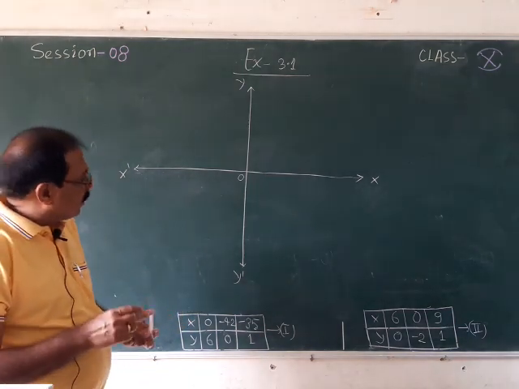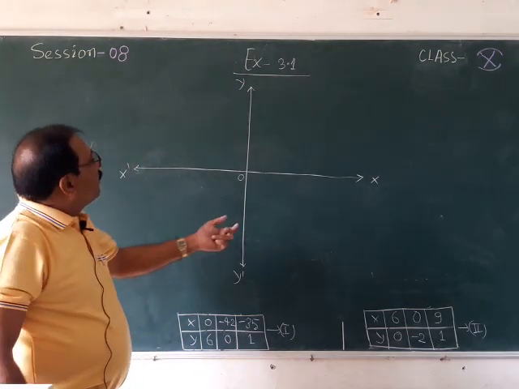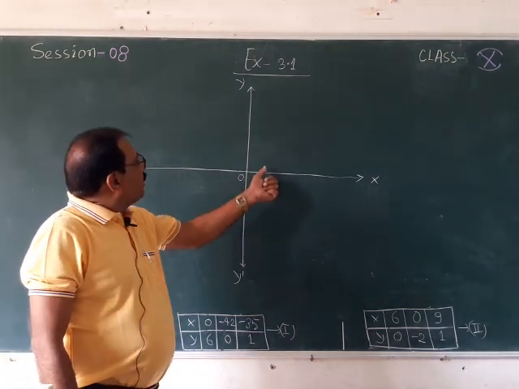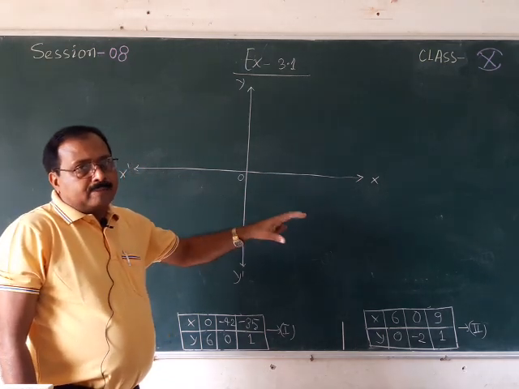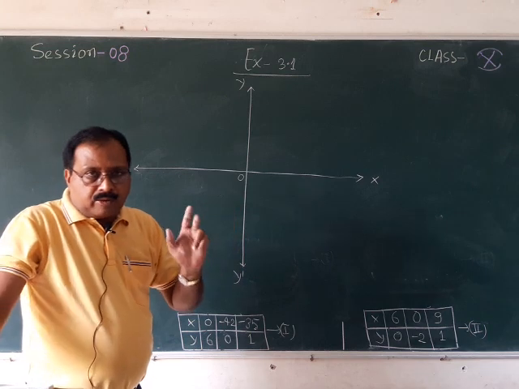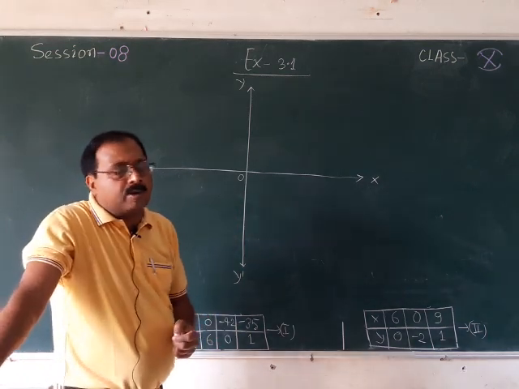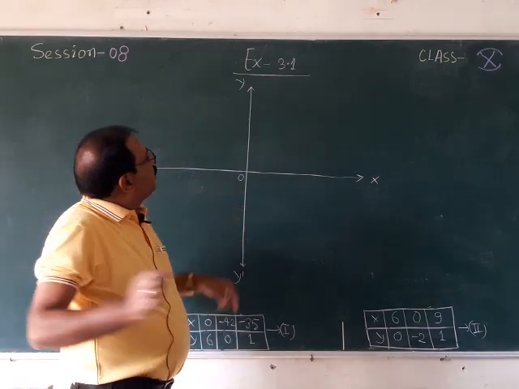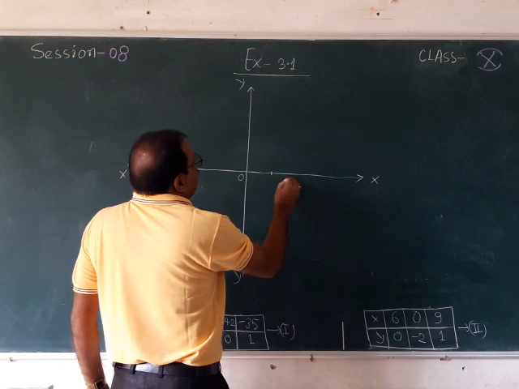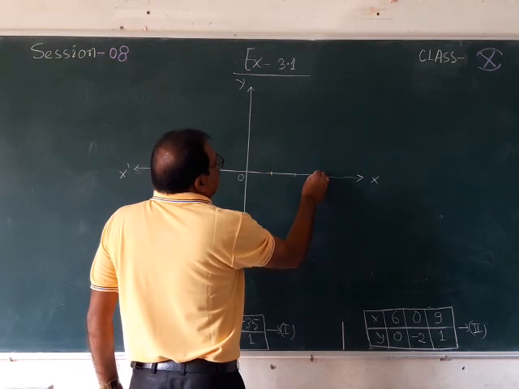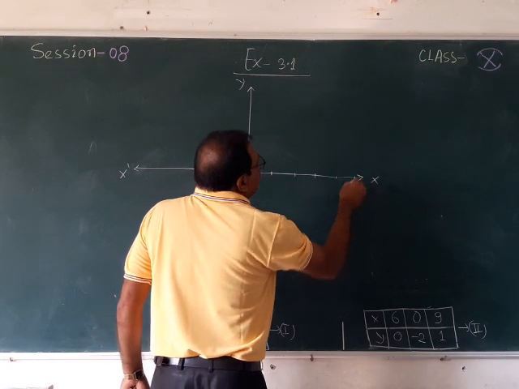How will you plot the graph? Now you are aware about the graph sheet. Sometimes you can see there are 5 divisions. So your graph sheets are of two types. Sometimes you get 5 divisions for a square and sometimes 10 divisions for a square. If I am taking a 5 division square, then I can write here 5, 10, then 15, 20 and 25.